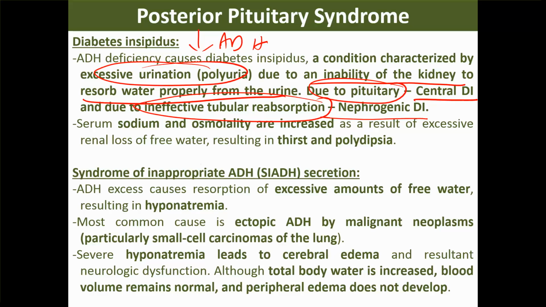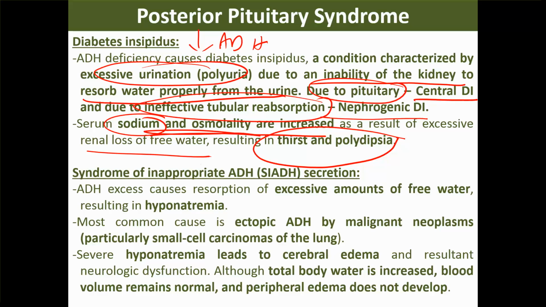What happens is the water is going out in the urine and the sodium is getting increased, that results in change in the osmolality. As a result of excessive renal loss of water, that results in thirst and polydipsia.